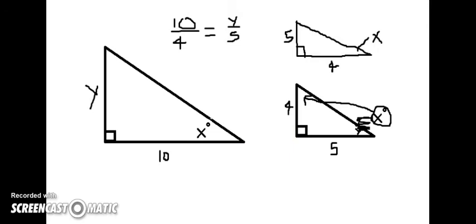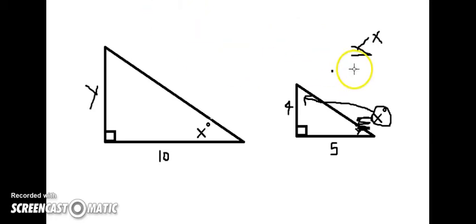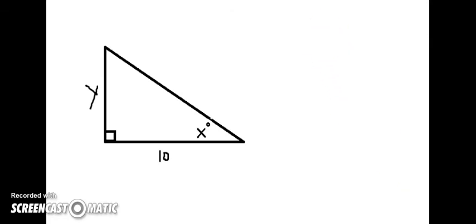And the other thing they like to do with similar triangles is they like to take this triangle here and redraw it, putting it somewhere right in here.